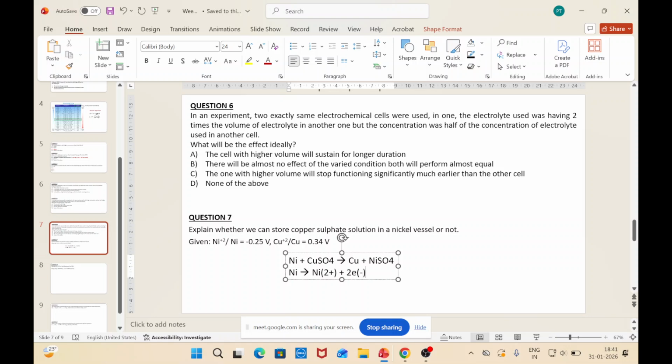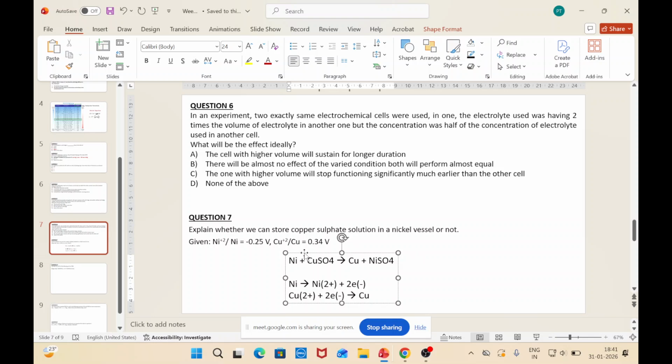Is this correct? And copper 2 plus plus 2 electrons is going to form copper. Since it is a copper sulfate solution, CuSO4 will exist in the form of Cu2 plus and SO4 2 minus ions. So this will be the reaction as per the equation that I have given.